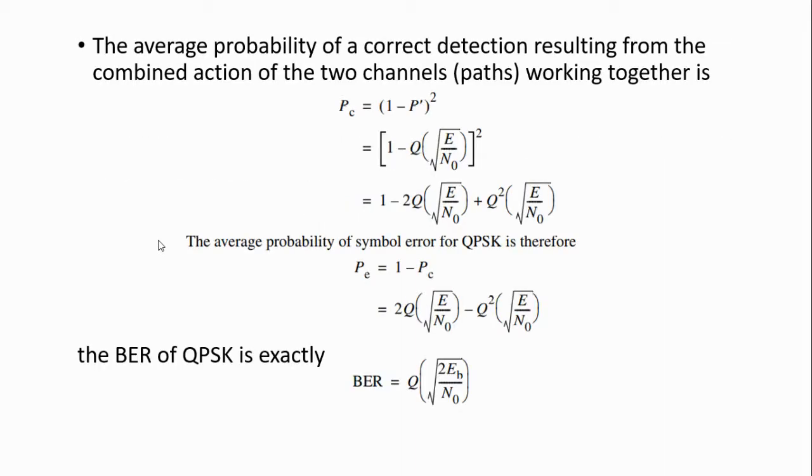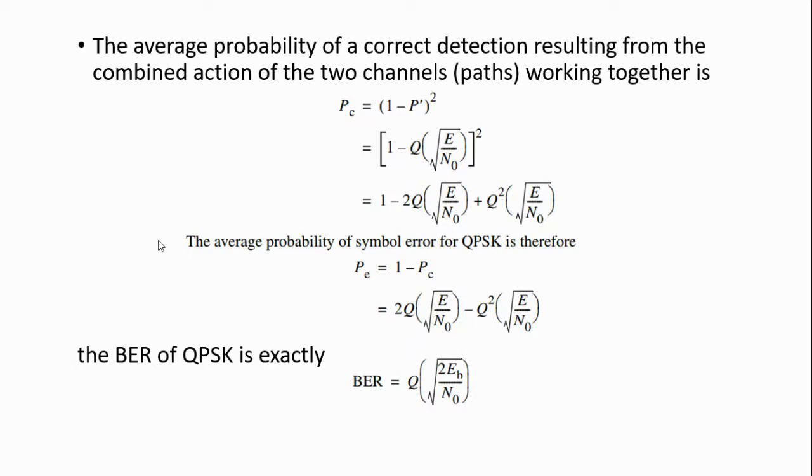The average probability of correct decision resulting from the combination of the two channels is Pc = (1 - p) squared. Substituting p, we get (1 - Q(square root of E/N0)) squared. Expanding this, we get 1 - 2Q(square root of E/N0) + Q squared(square root of E/N0). The average probability of symbol error is Pe = 1 - Pc.